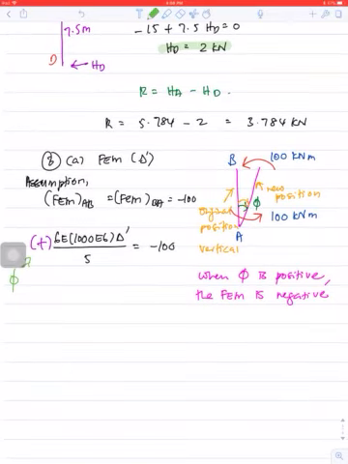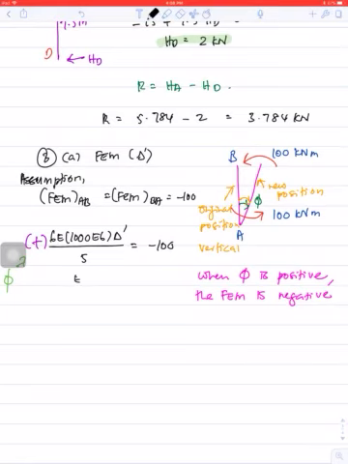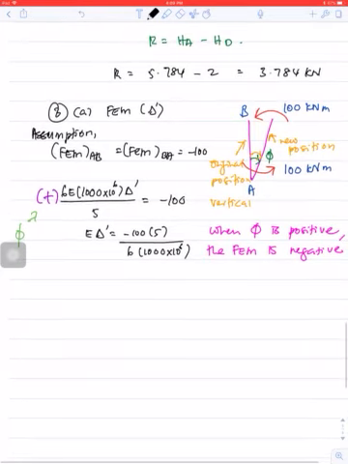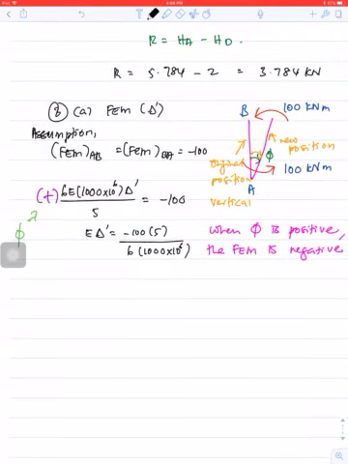So we simplify this and we get E delta prime is equal to negative 100 times 5 divided by 6 times 1000 exponent 6.